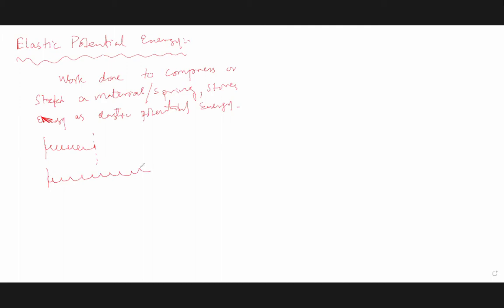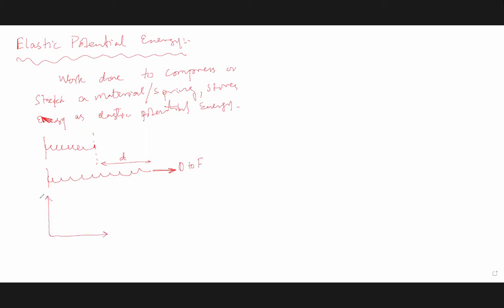When you start exerting a force, initially when it's unstretched, very small force is required, and as you stretch the spring, the required force increases.